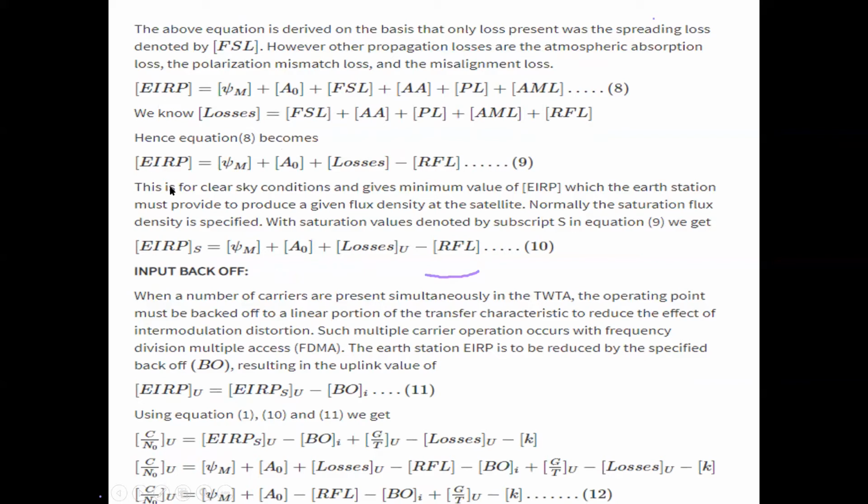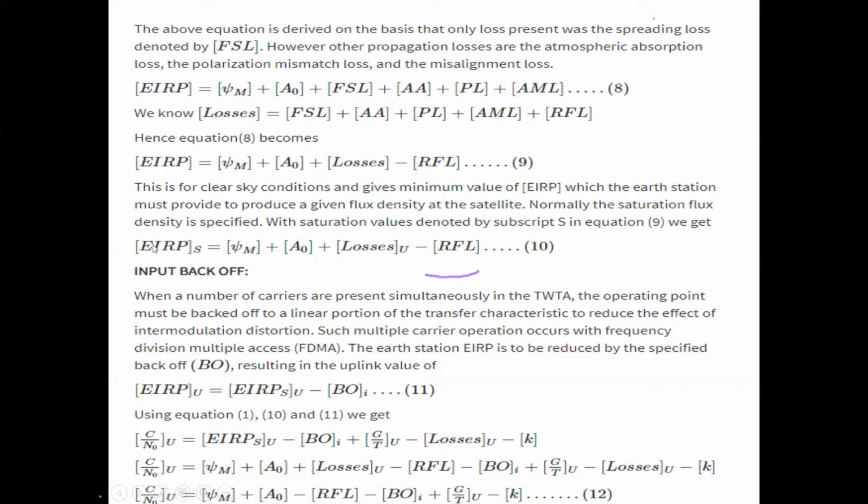So the expression of EIRP can be written, if I represent these losses here, as losses minus A naught minus the feeder losses, RFL.